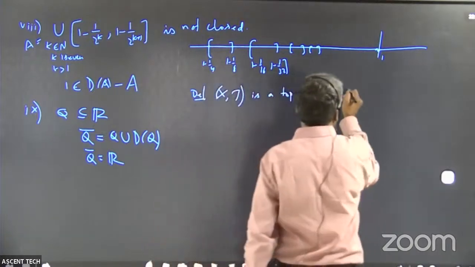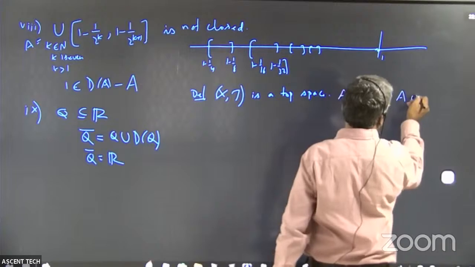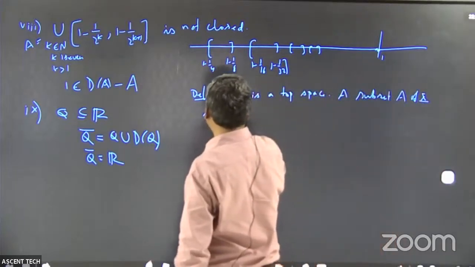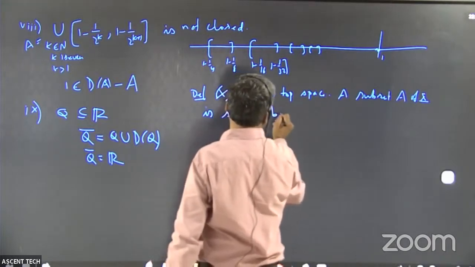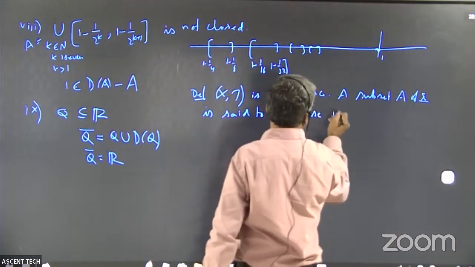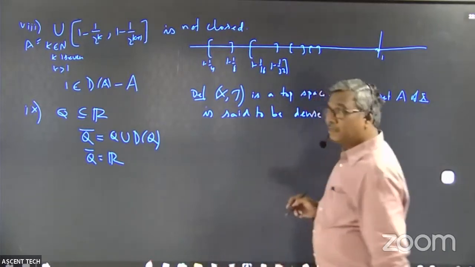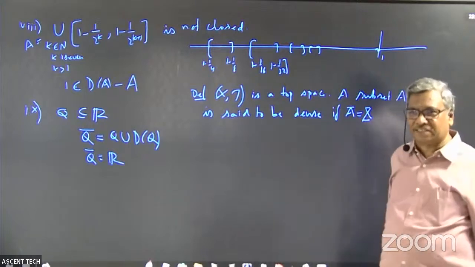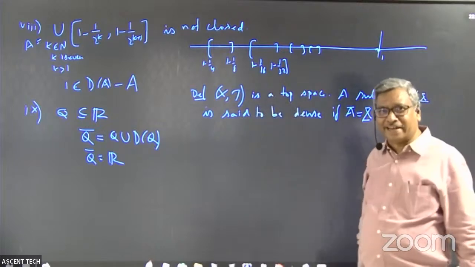A subset A of X is said to be dense in X, or is said to be dense, if A bar is equal to X. It encroaches on the whole of X. It's dense in X. Everywhere the points of A are there in X.